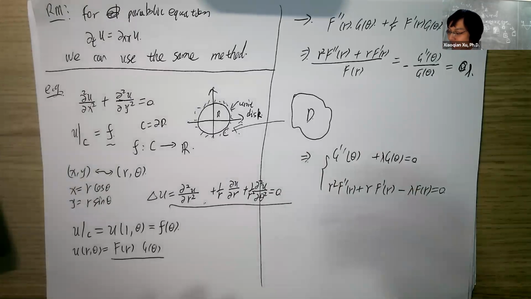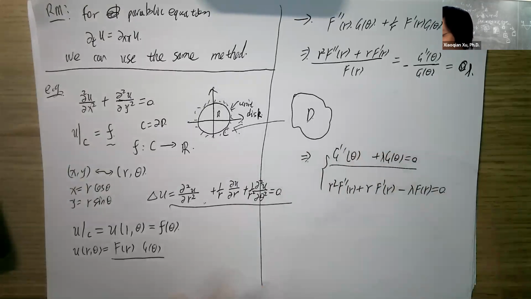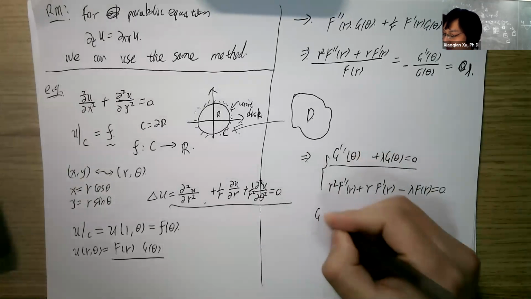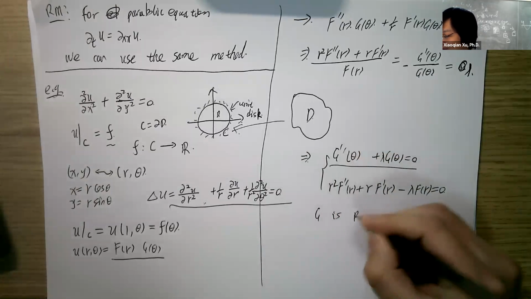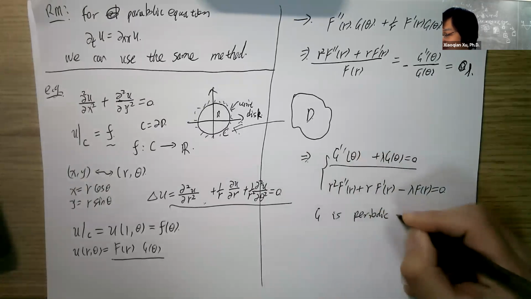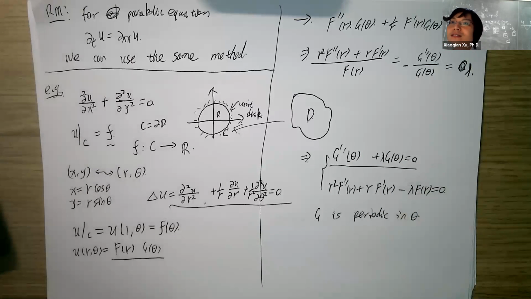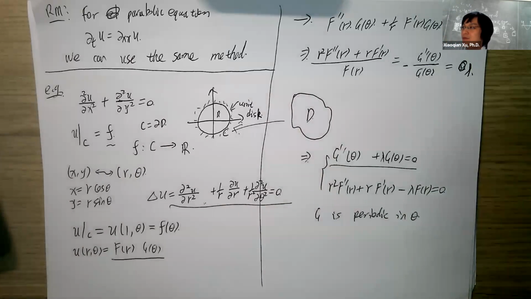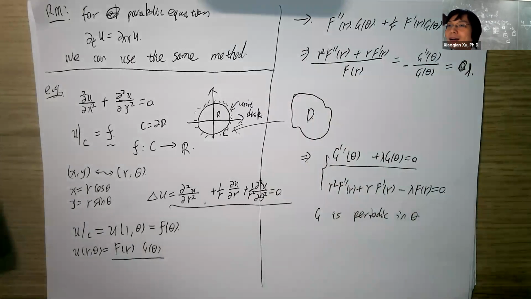But first, from the first equation, we know that g is periodic in theta, because g is nothing but a function defined on the circle. After you rotate 360 degrees, you go back, right?